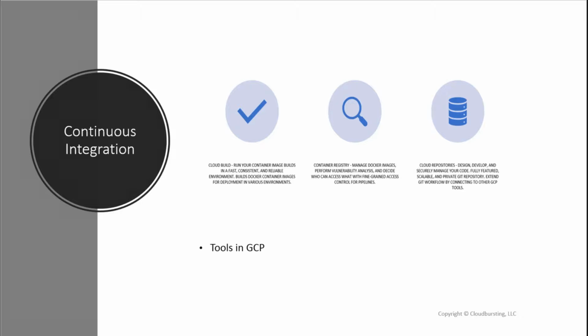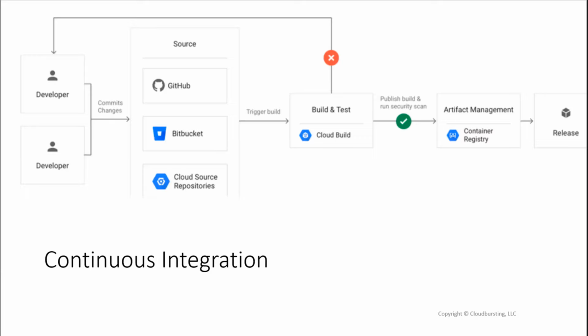Now, when it comes to continuous integration with Google Cloud, it's really important to realize that we can, of course, use our services in Google Cloud, but we could also use other services if we so choose.